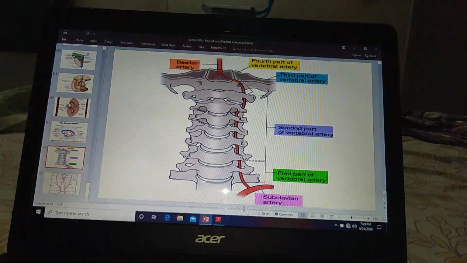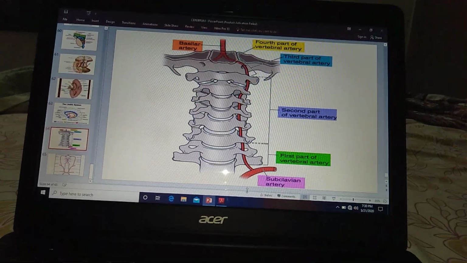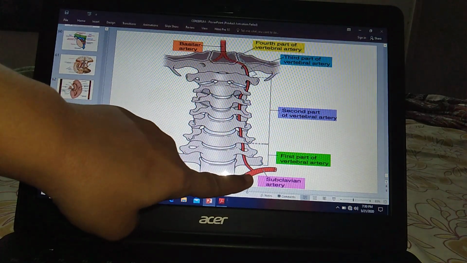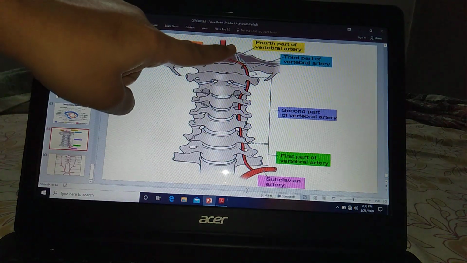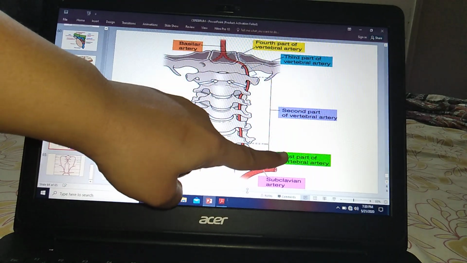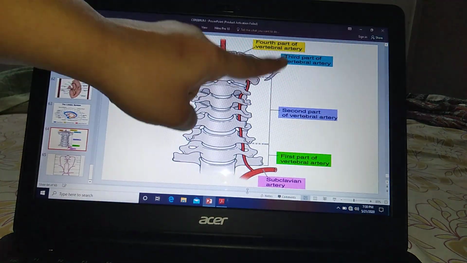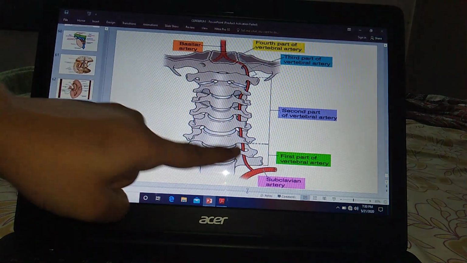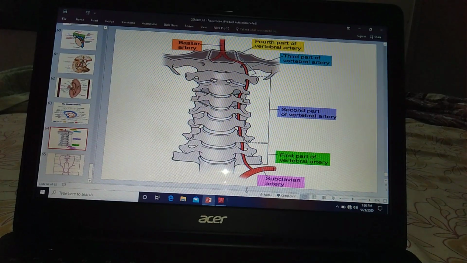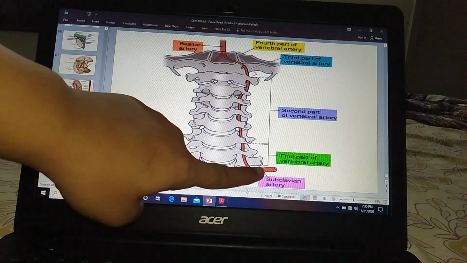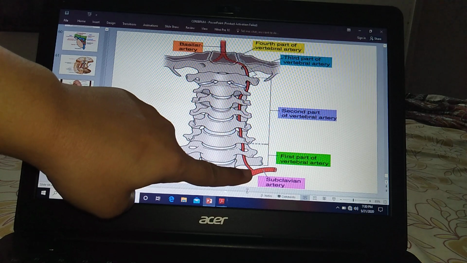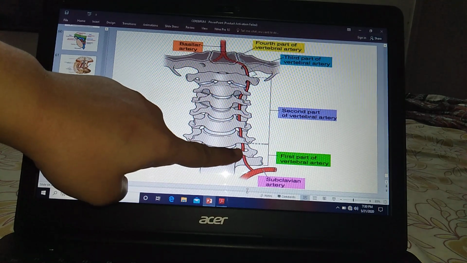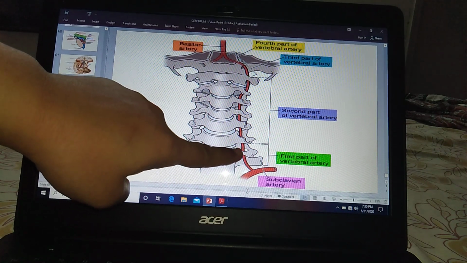In this diagram you can see that it is arising from the subclavian artery, and then the course of this vertebral artery is divided into four parts: first, second, third and the fourth part, right? Now the first part lies from its origin from the subclavian artery up to the foramen transversarium of the sixth cervical vertebra.